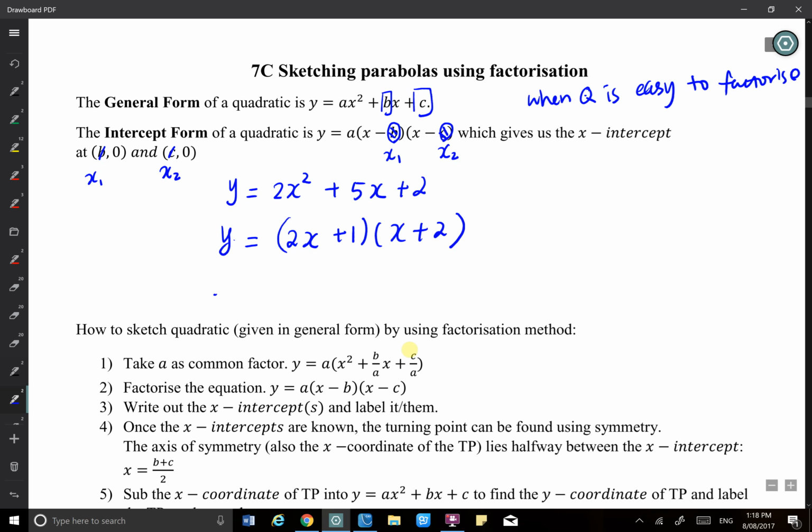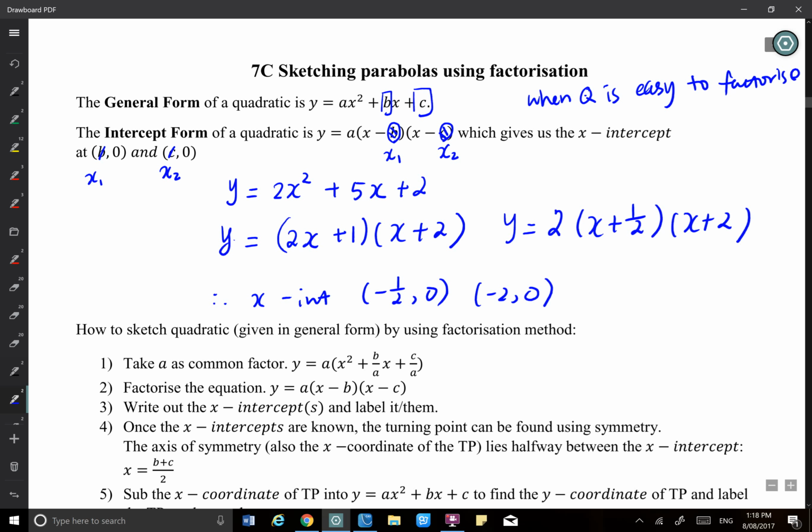I can write y equals (2x plus 1)(x plus 2), so that's 2x squared plus 5x plus 2. What I can see is the x-intercepts will be (-1/2, 0) and (-2, 0). If you really want to make it look the same, I take the 2 as a common factor. Therefore I have -1/2 and -2 as my x-intercepts.